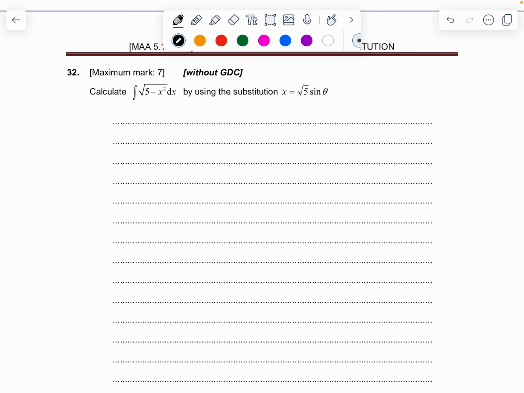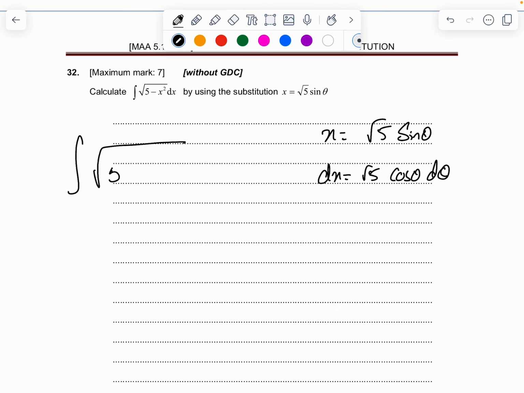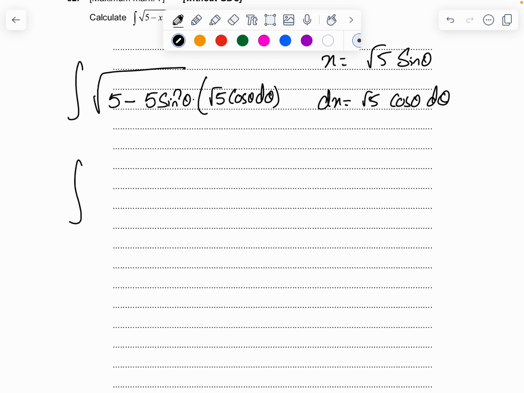Question number 32. Substitution x equals to root 5 sine theta. So dx equals to root 5 cos theta d theta. So it becomes square root of 5 minus 5 sine square theta times dx. dx is root 5 cos theta d theta. So I can take 5 common, so that comes outside as root 5.